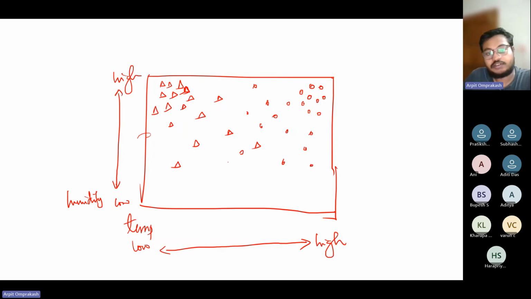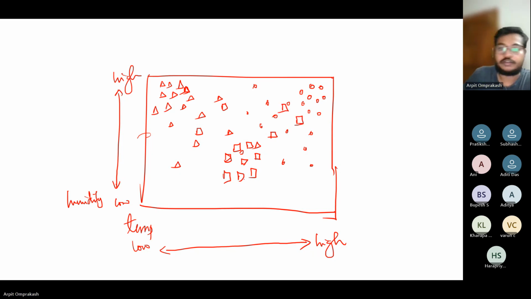And let's say we have a third community here, which likes some moderate temperature and humidity, but some of these individuals are also dispersed into different areas.